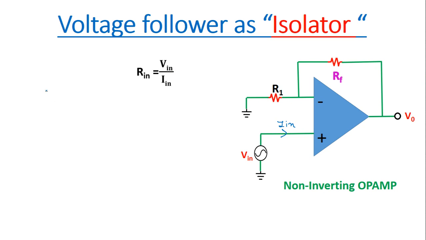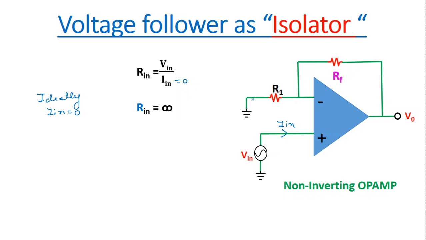Ideally the current into the operational amplifier Iin is equal to 0. Practically it is very low, but ideally it is 0. So if we keep 0 here in this equation, Rin becomes infinite. That means ideally the input resistance of the non-inverting operational amplifier is infinite, and practically it is very high.